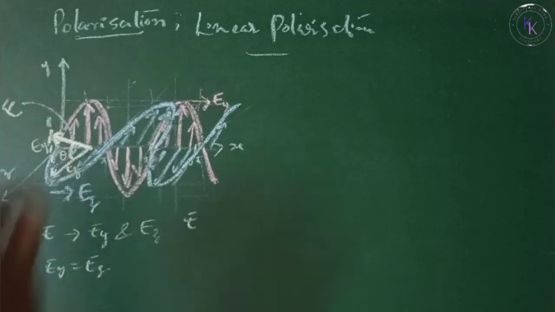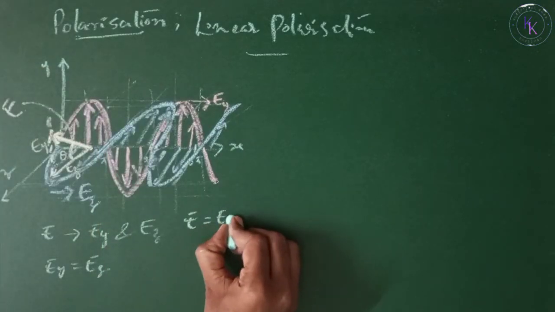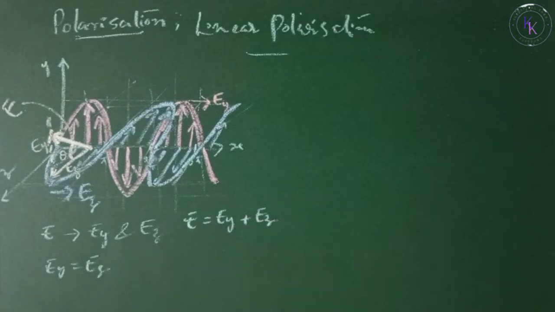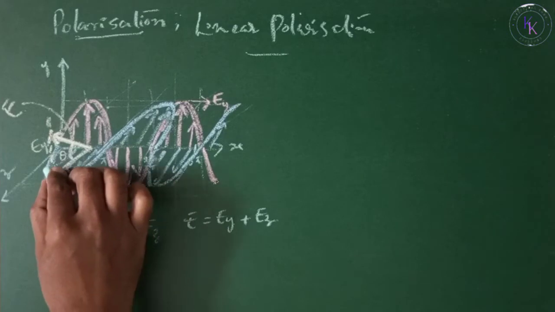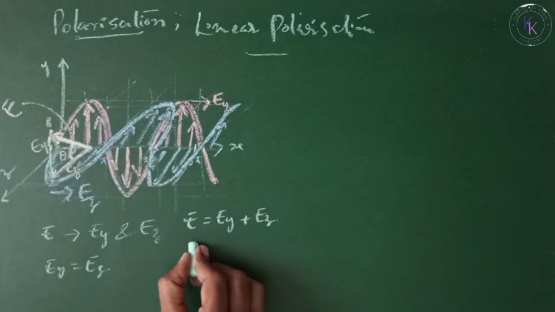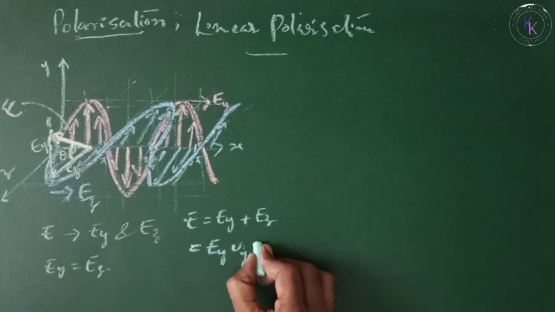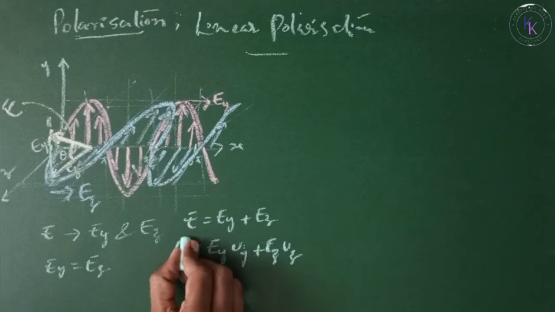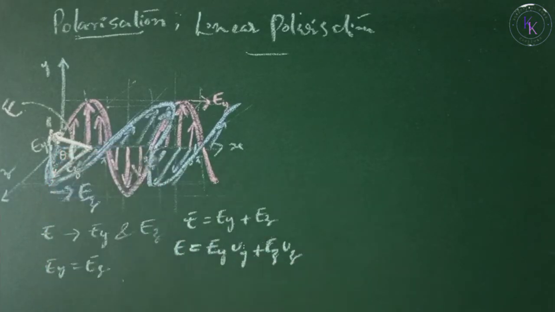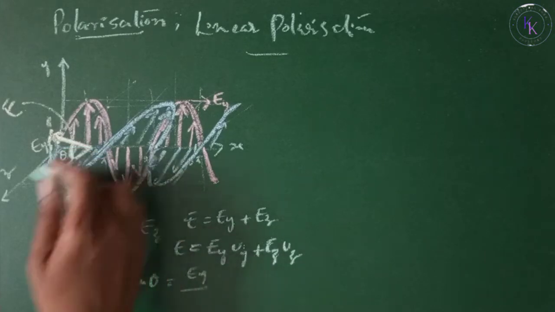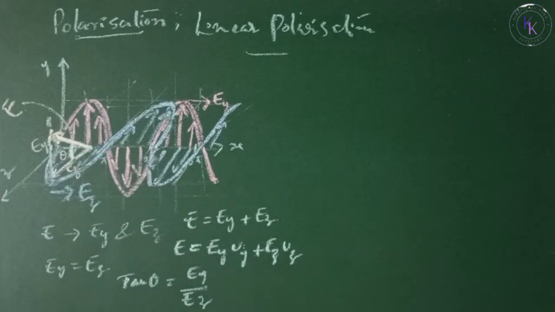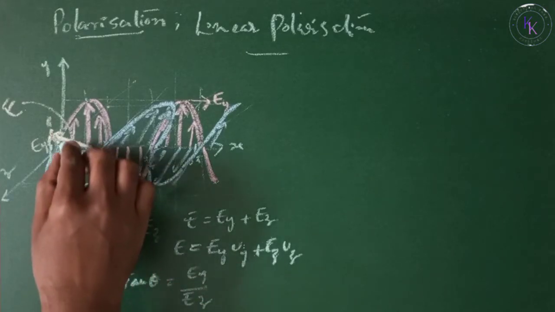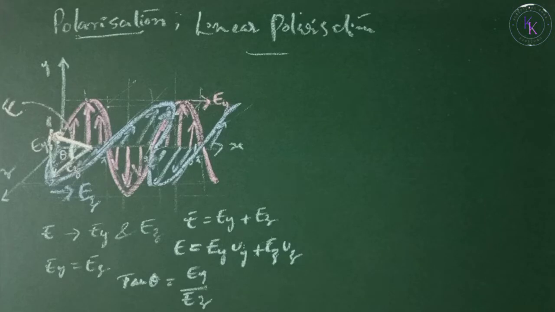The vector E is given by the vector sum of EY plus EZ. You can write this as EY uy plus EZ uz, which is our E. Tan theta equals the opposite side, that is EY, divided by the adjacent side, that is EZ, where theta is the angle made between EZ and E. So in the figure you can observe the linearly polarized wave: the ratio of EY by EZ is constant at all points.